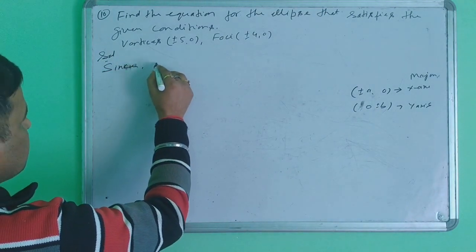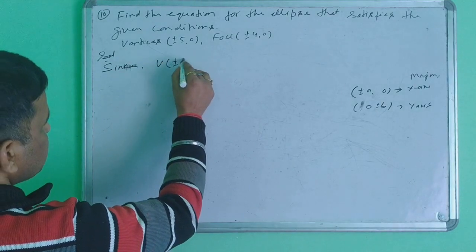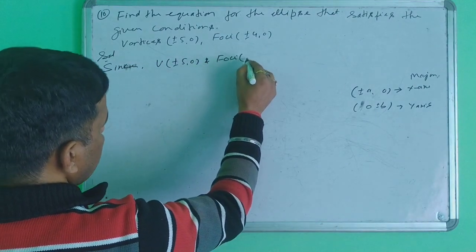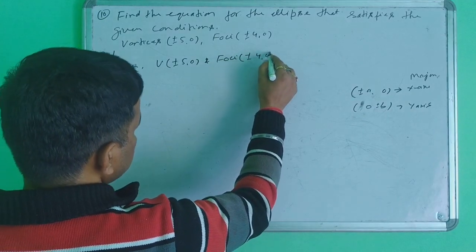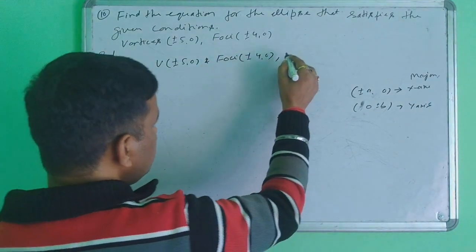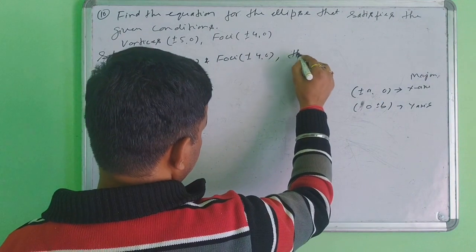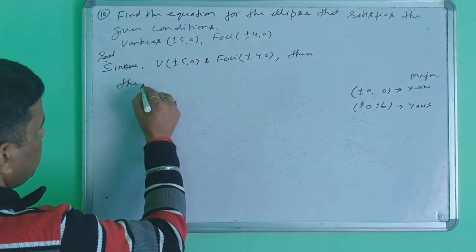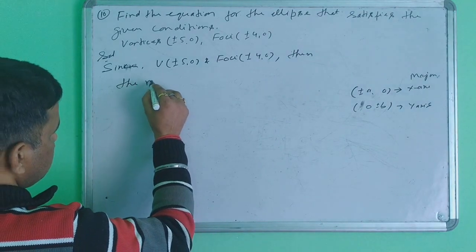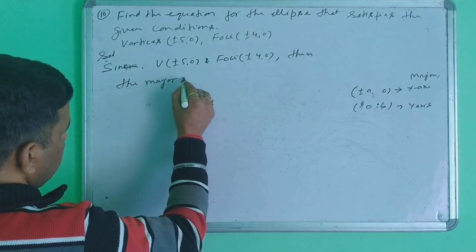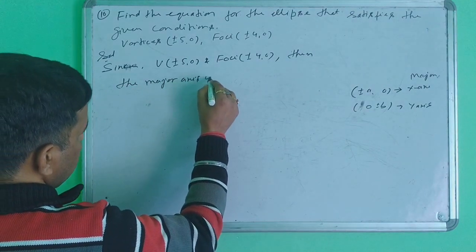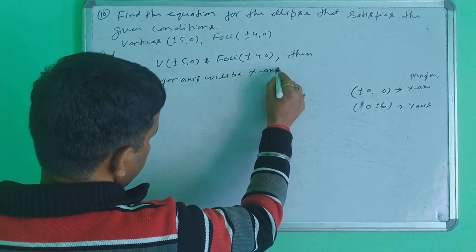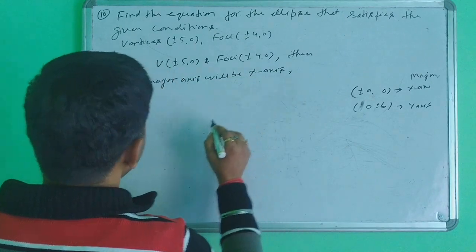Since the vertices are plus minus 5, 0 and the foci are plus minus 4, 0, the major axis will be the x axis.